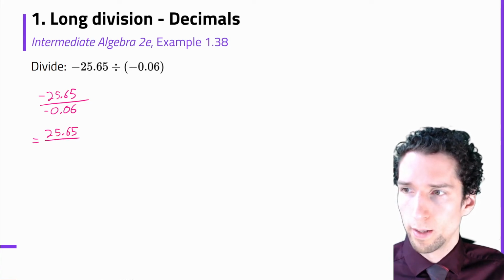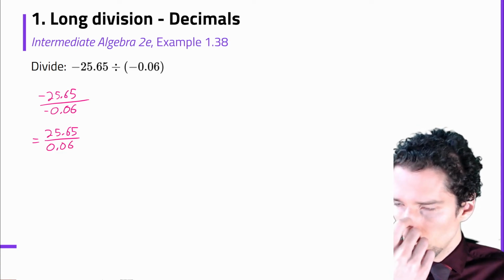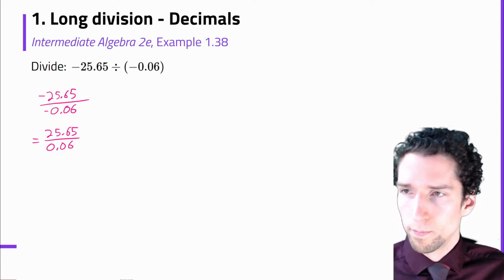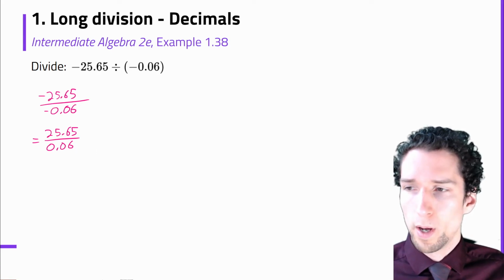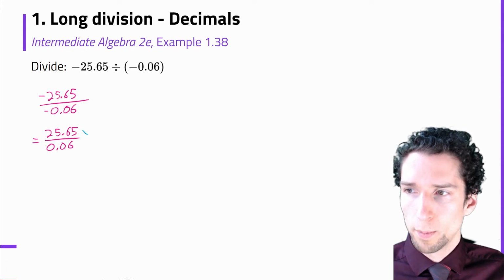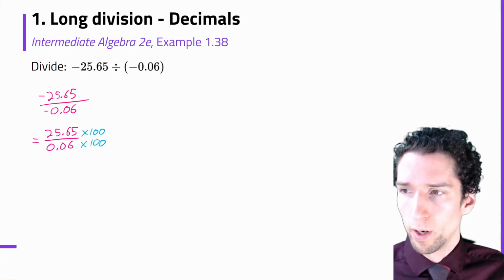So that's that. And all right, so we can multiply the top and the bottom by something and keep everything balanced, right? So let's just multiply the top and bottom by 100. That will get rid of the decimals that we have here.